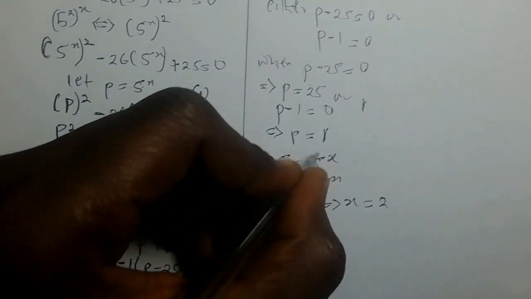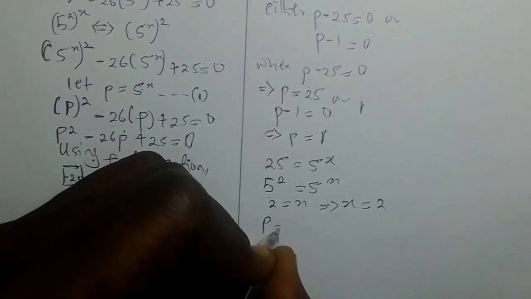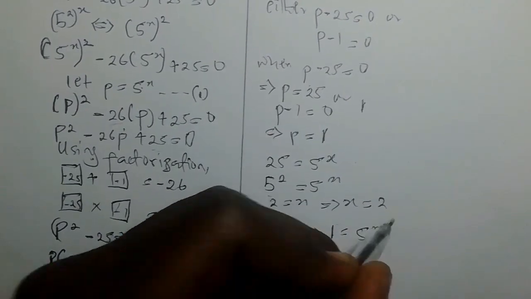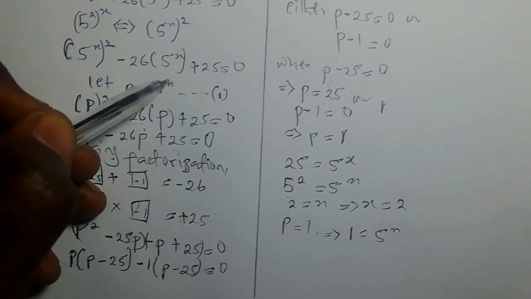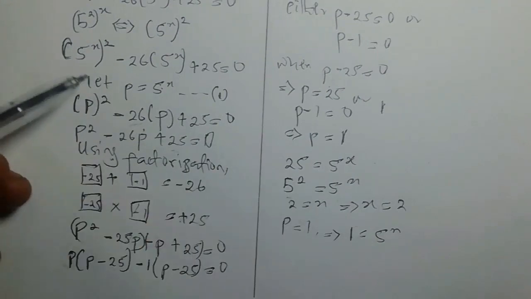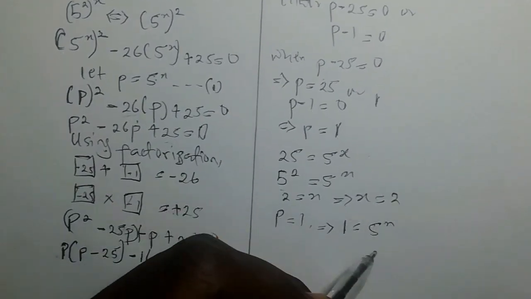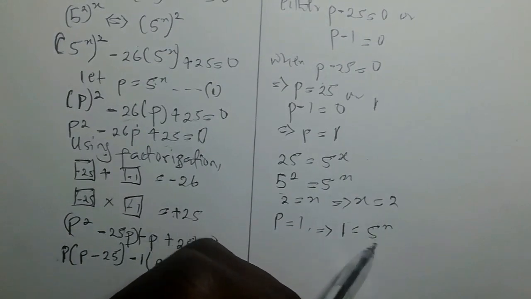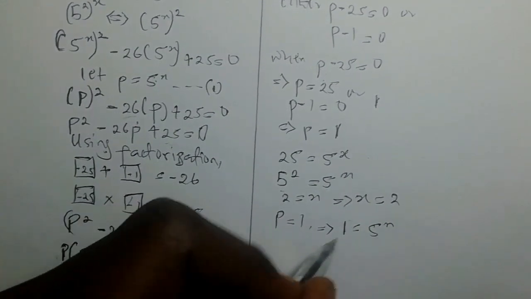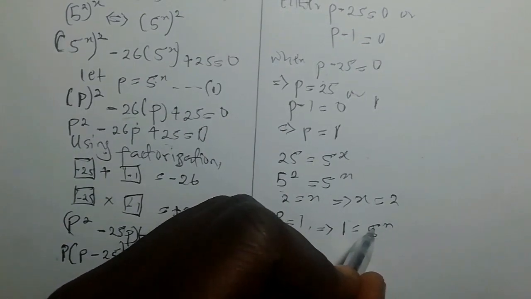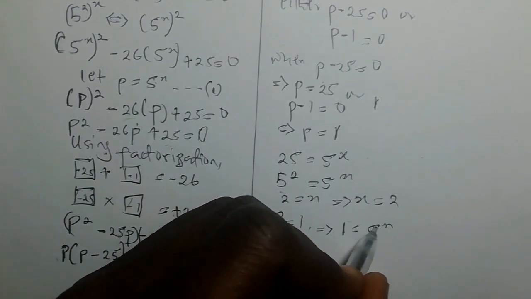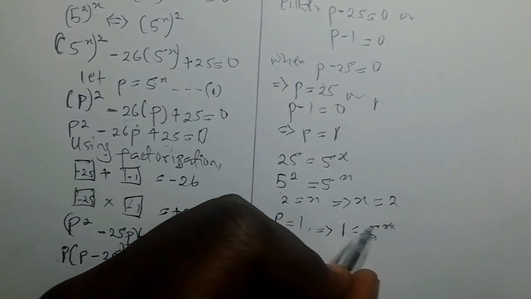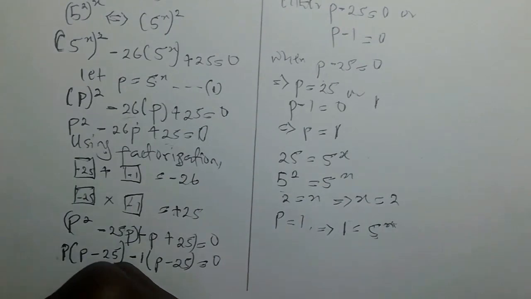When p is equal to 1, this implies that 1 equals 5^x, as in our equation 1 where p is equal to 5^x. The only value of x that will result in 1 is 0, because if we substitute 0 for x, it will be 5^0, which is equal to 1.